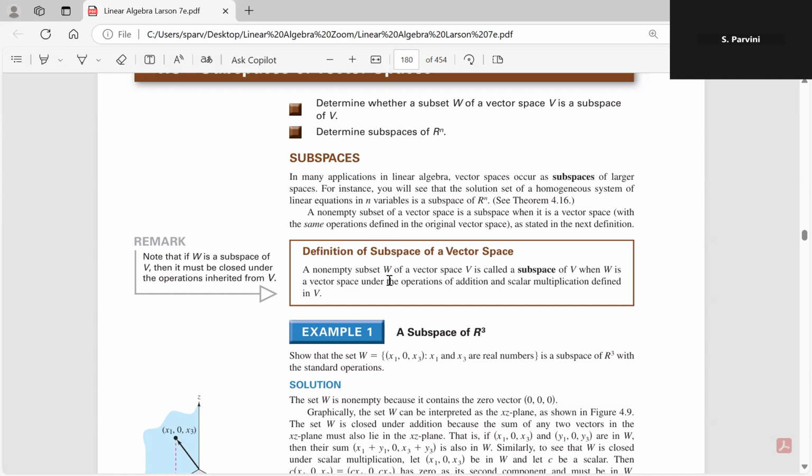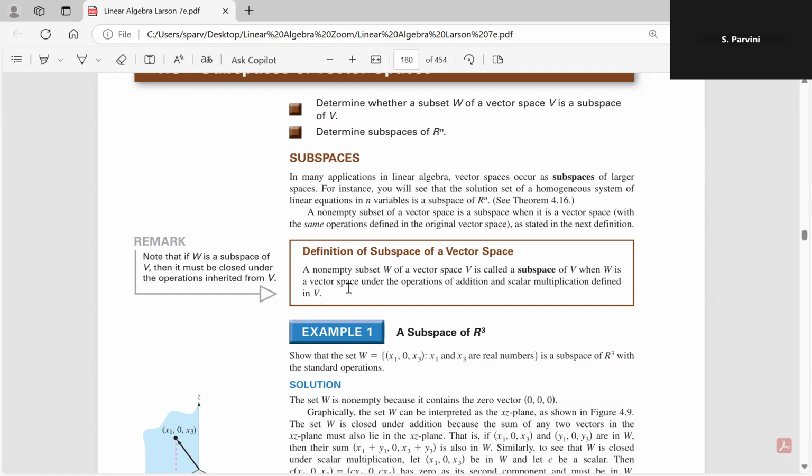And then of course W is a vector space under operation addition and scalar multiplication. So W therefore is a subset of the vector space V, under the operations that are defined in a vector space V.